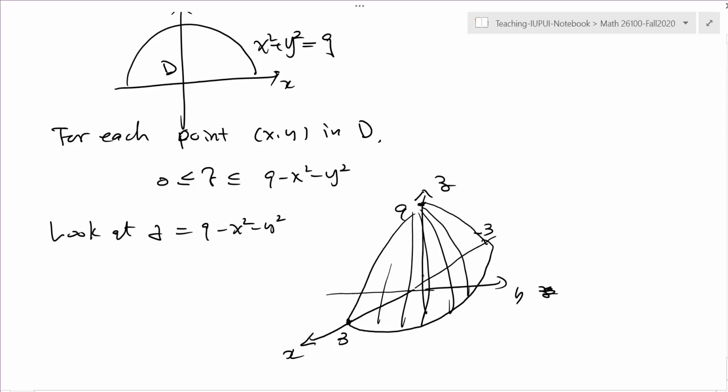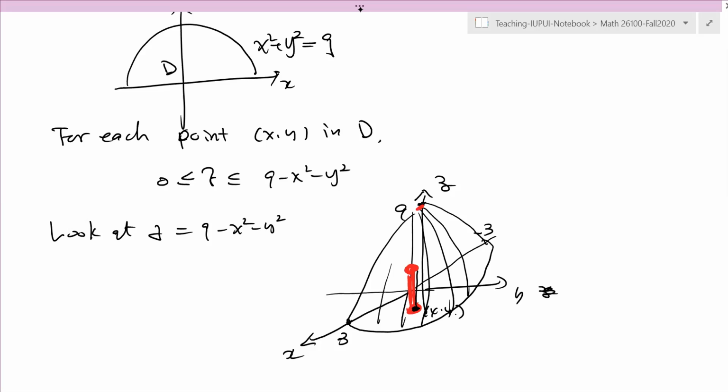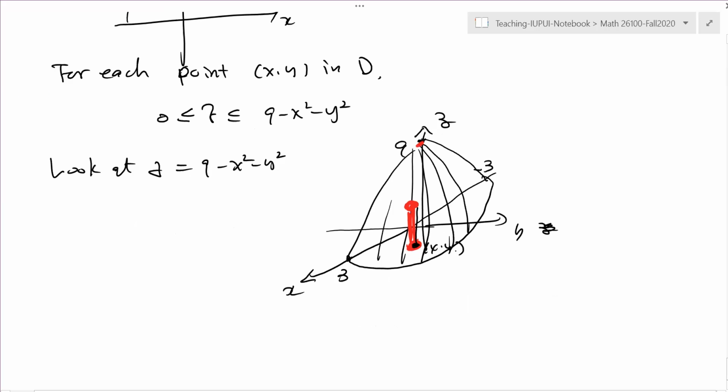For every point x, y here, you draw a vertical line, and that's the upper limit. The upper limit is determined by the graph Z equals 9 minus x squared minus y squared. So now we get a clear picture of this solid, step by step.